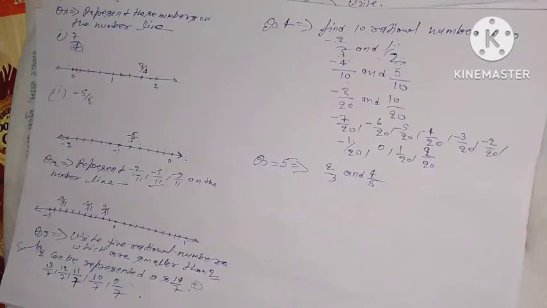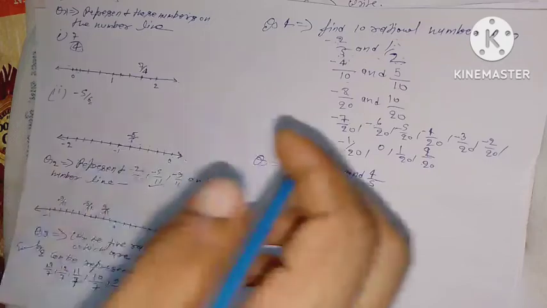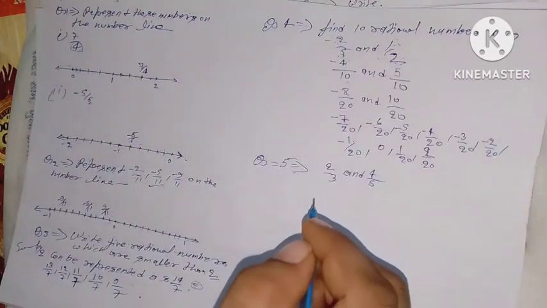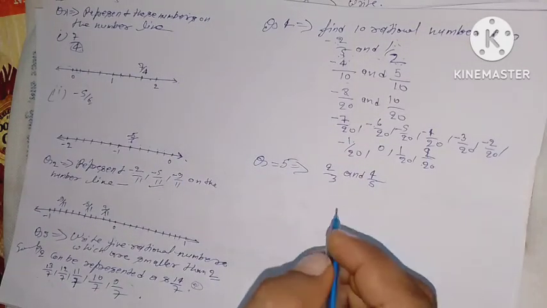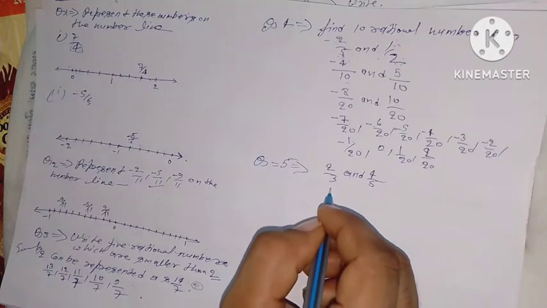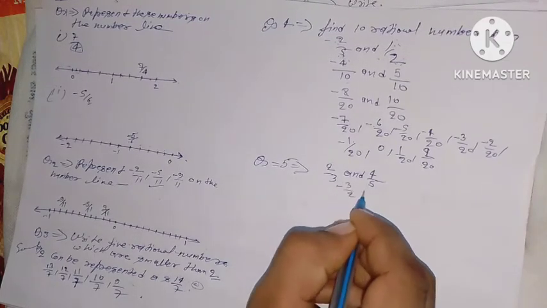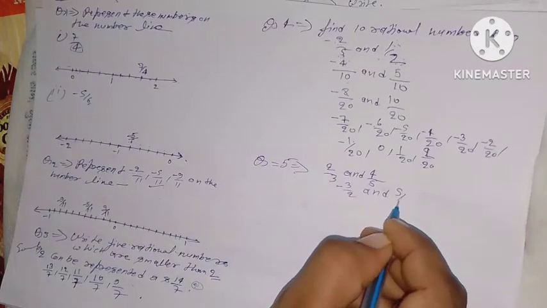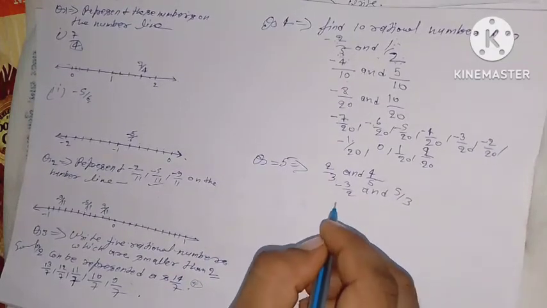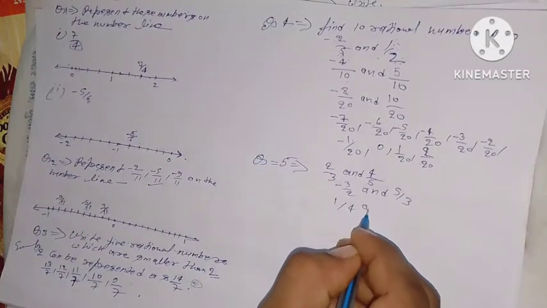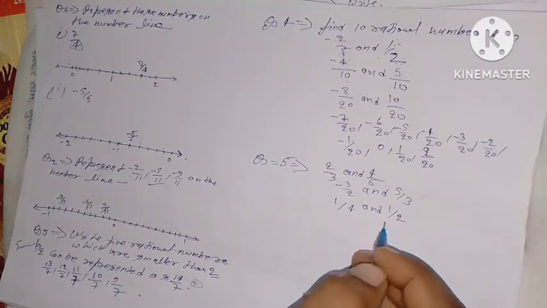Second question is minus 3 upon 2 and 5 upon 3, and the third question is 1 upon 4 and 1 upon 2.